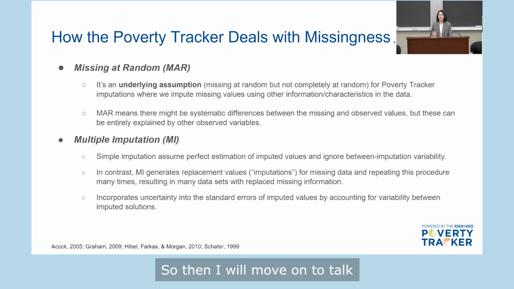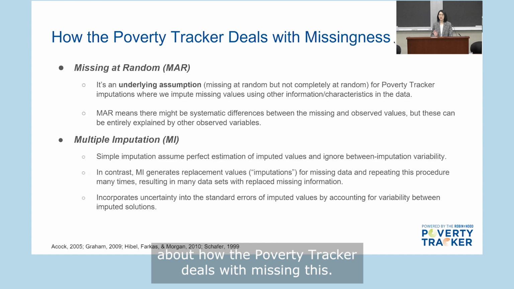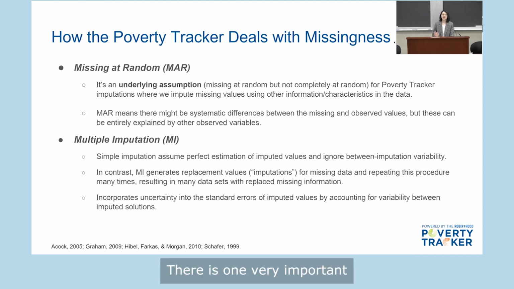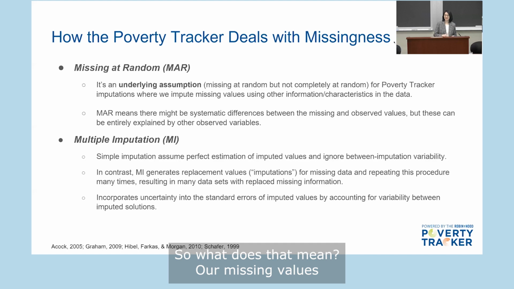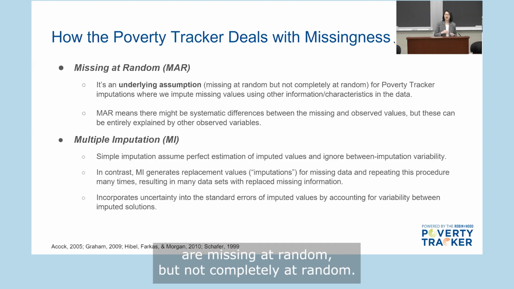Then I will move on to talk about how the Poverty Tracker deals with missingness. There's one very important underlying assumption: that data are missing at random. That means our missing values are missing at random, but not completely at random.